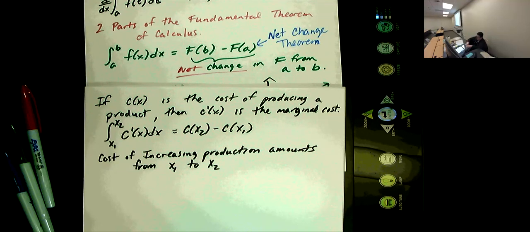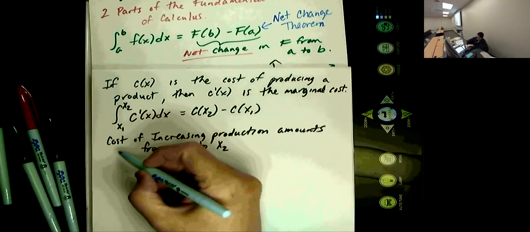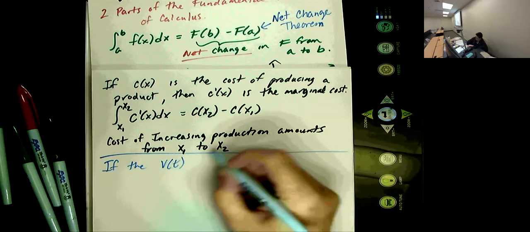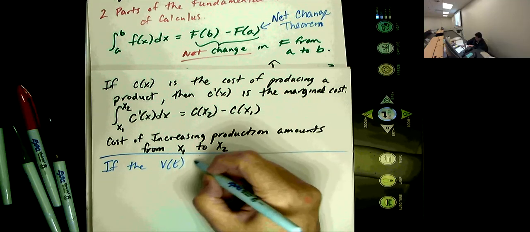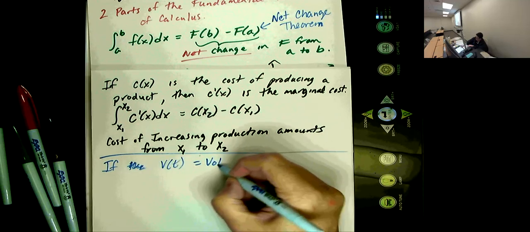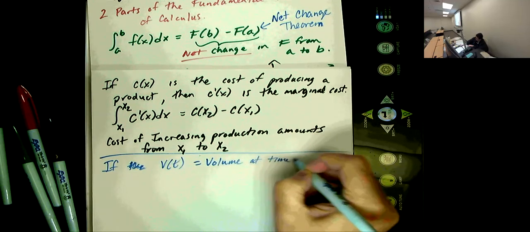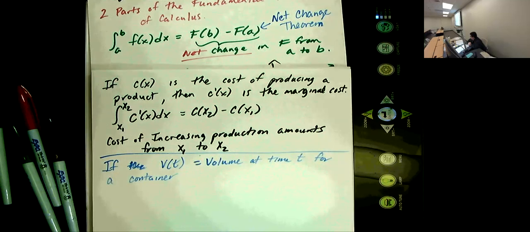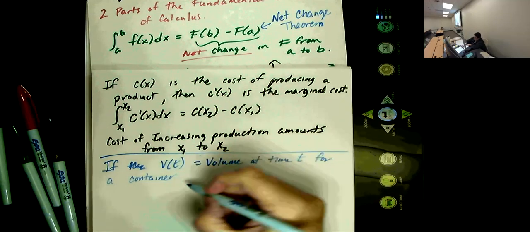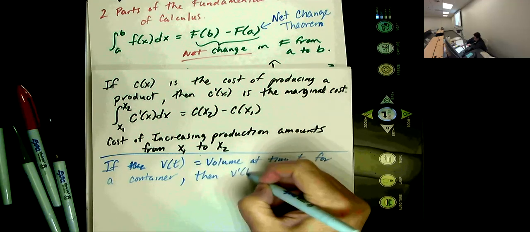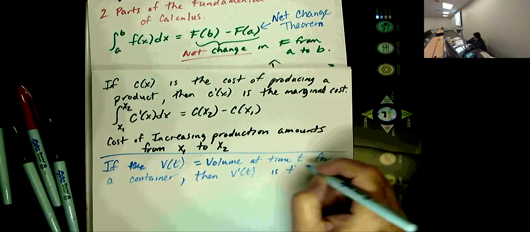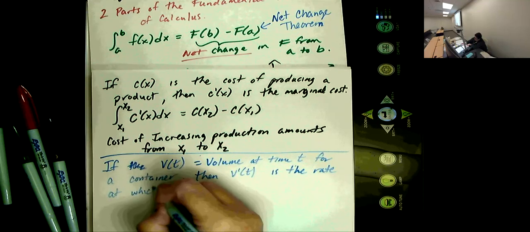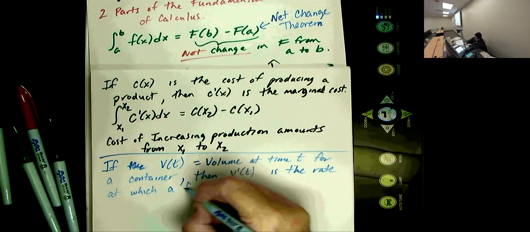If we had a reservoir of water or a container, if V of t equals the volume at time t for a container, then V prime of t is the rate of change at which fluid flows into the container at time t.